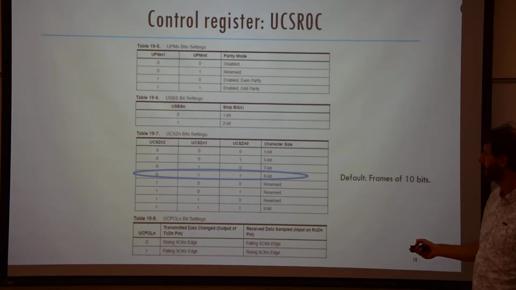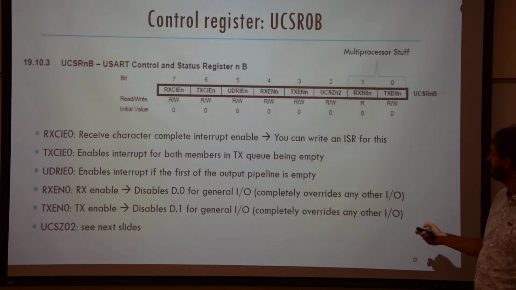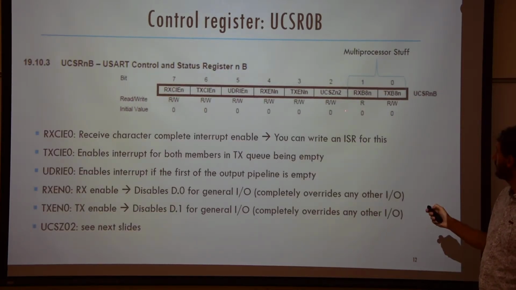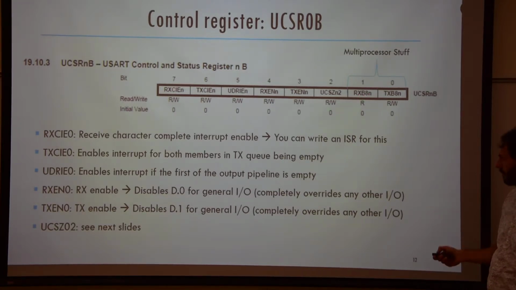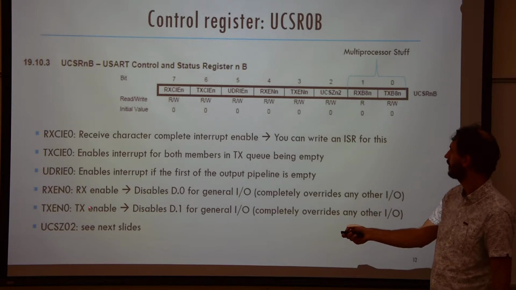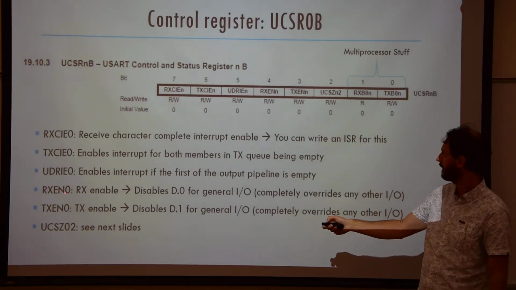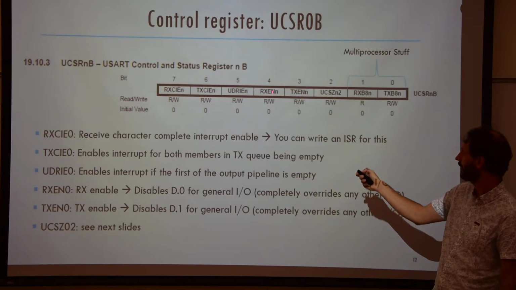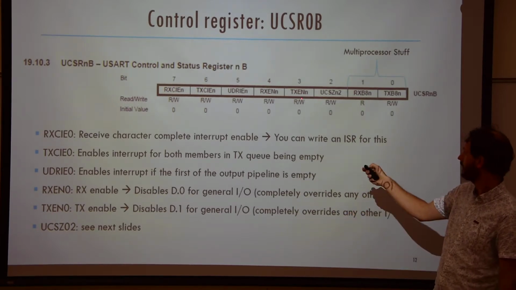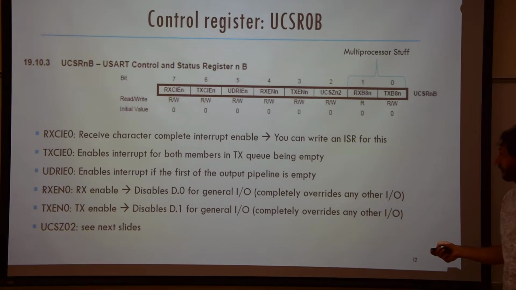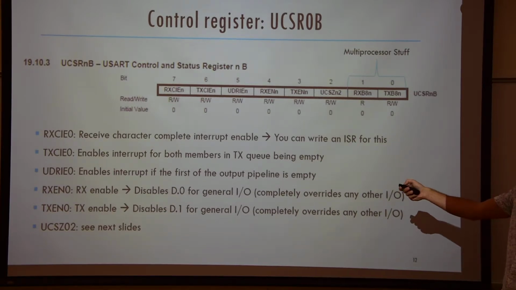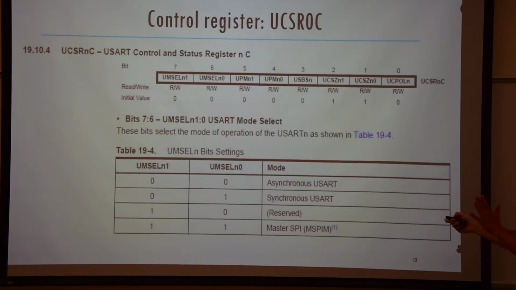Let's go back. That was register B, right? Sorry, these 2 ones. What is RXEN0 equal to? It's equal to 4. TXEN0 is equal to 3. Everything else is equal.